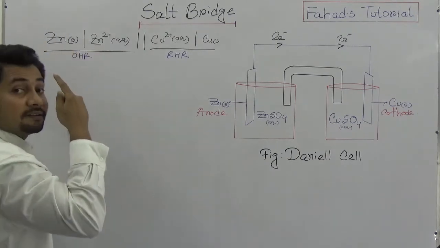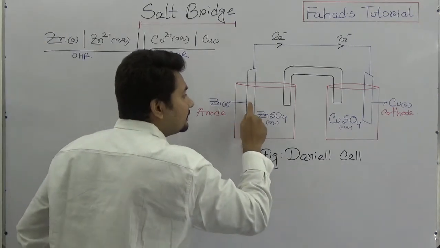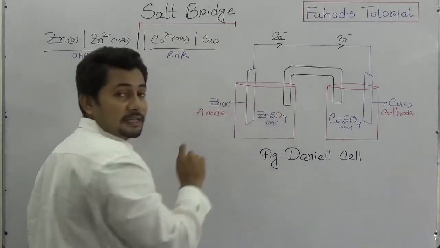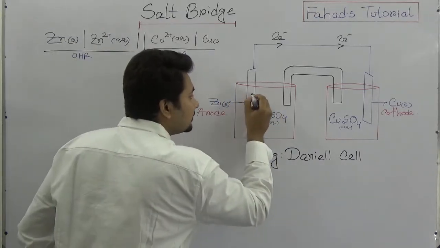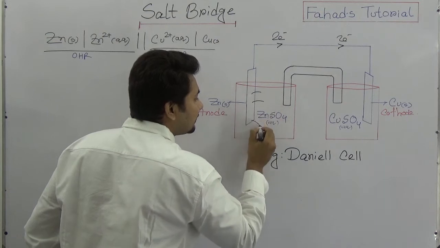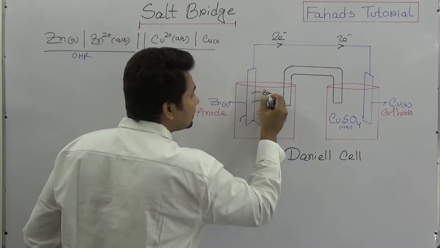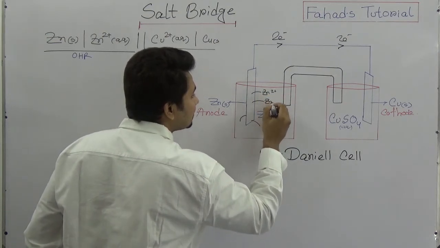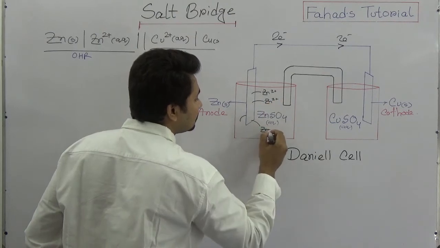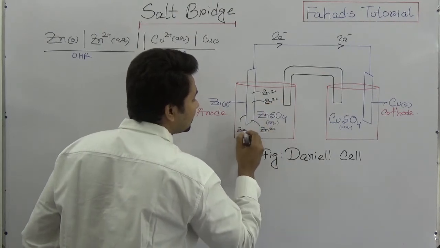When zinc is releasing electrons, zinc 2 plus ions are released. Zinc 2 plus, zinc 2 plus, zinc 2 plus.